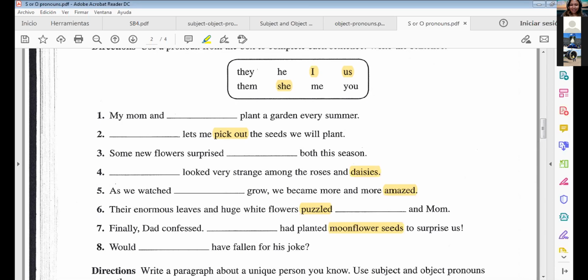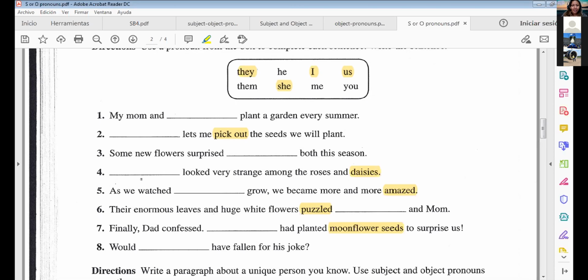Who? He. Me. He? You. Me. But I already used these three. So they. What is they? Flowers. The flowers, right? Because I just say, some new flowers surprised us both this season.